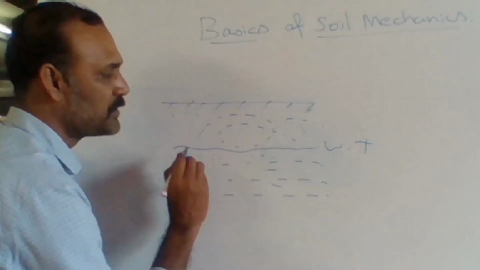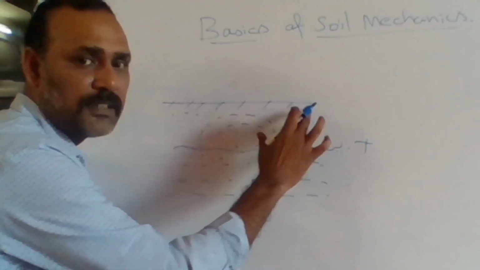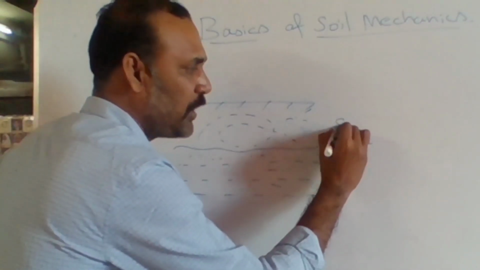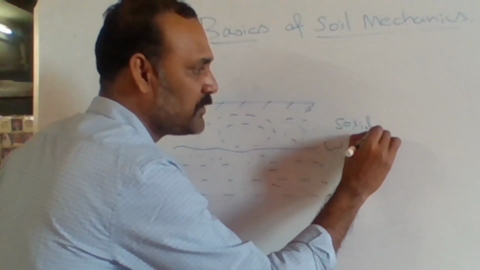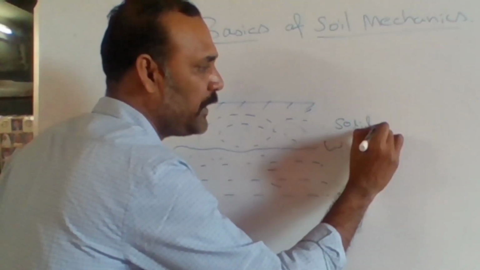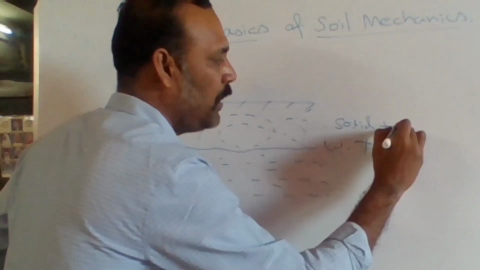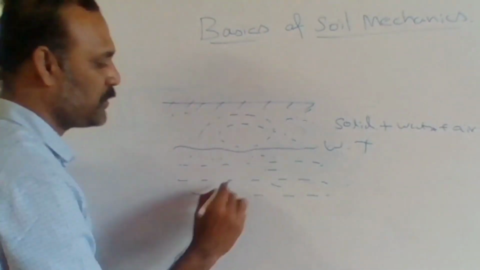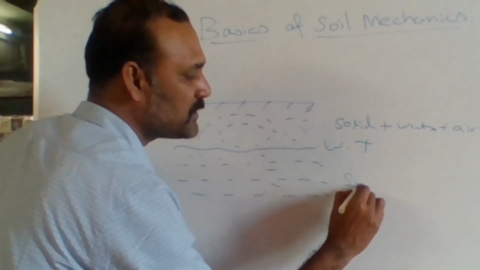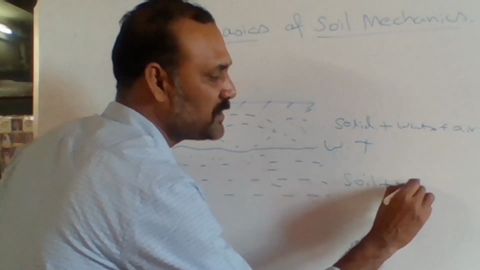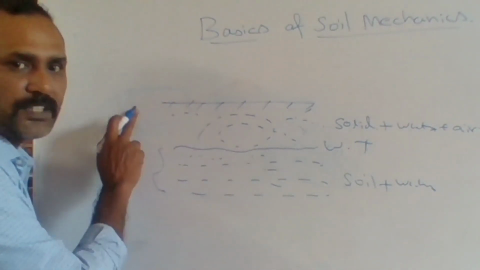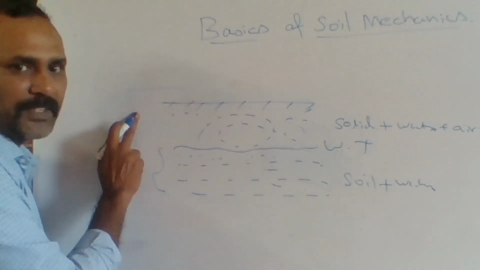Here the soil consists of solid soil plus water plus air. This zone we generally call the saturated zone, and this zone the unsaturated zone.